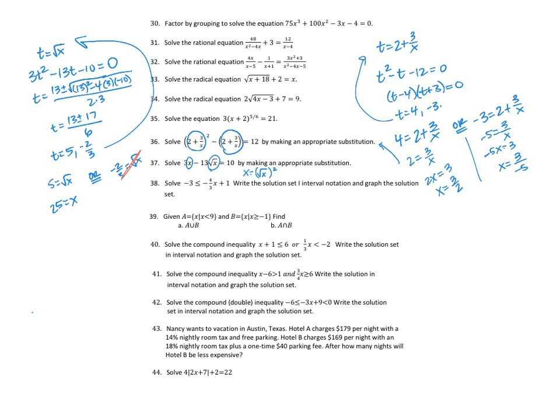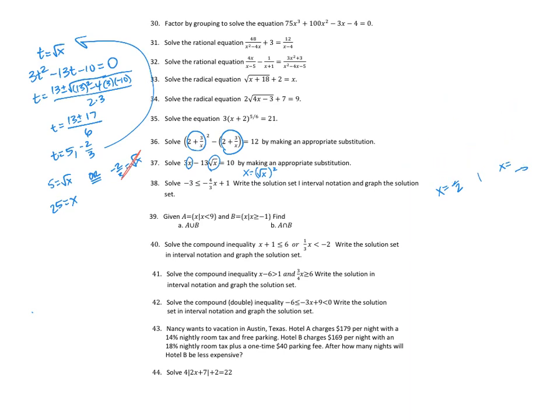So for the next one, I want to write this solution set in interval notation. So I have negative 3 is less than or equal to negative 4/3 x plus 1. And so I can add the 4/3 x over and add the 3 over.